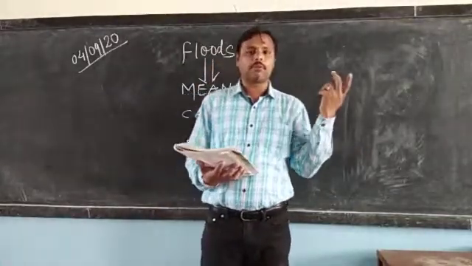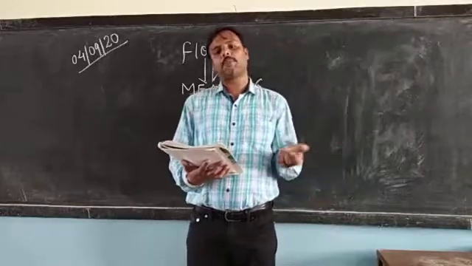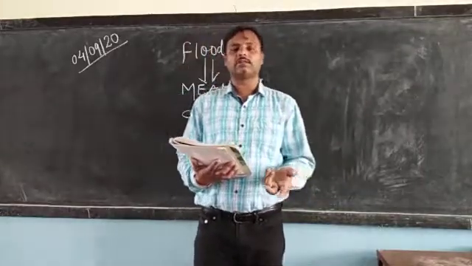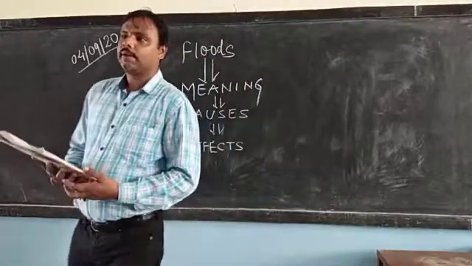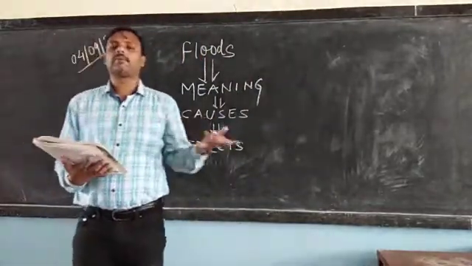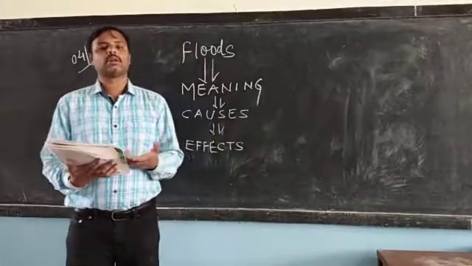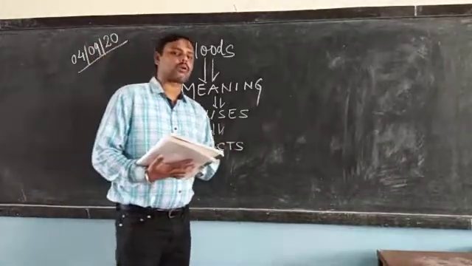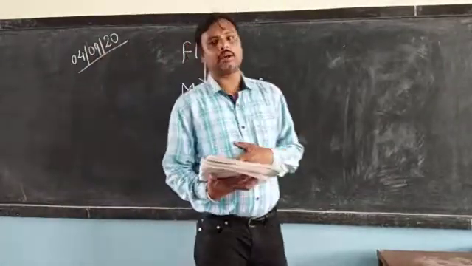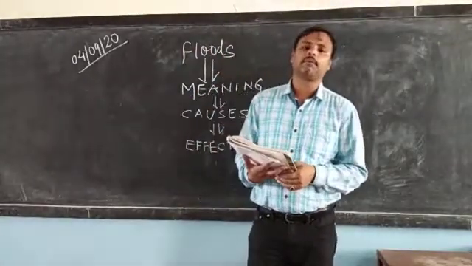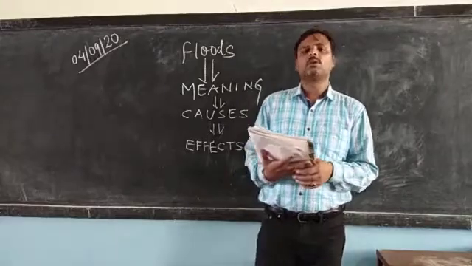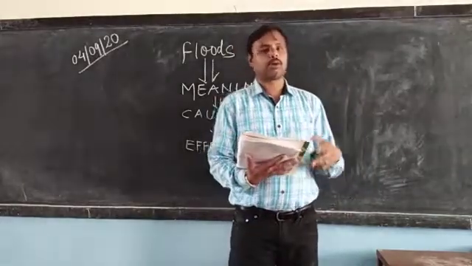There is no proper way to walk, to run vehicles, or to move through the train routes, because everything is submerged in water. So the whole system collapses. That is why during flood time, the politicians or people who go for help and relief go through helicopters or planes.